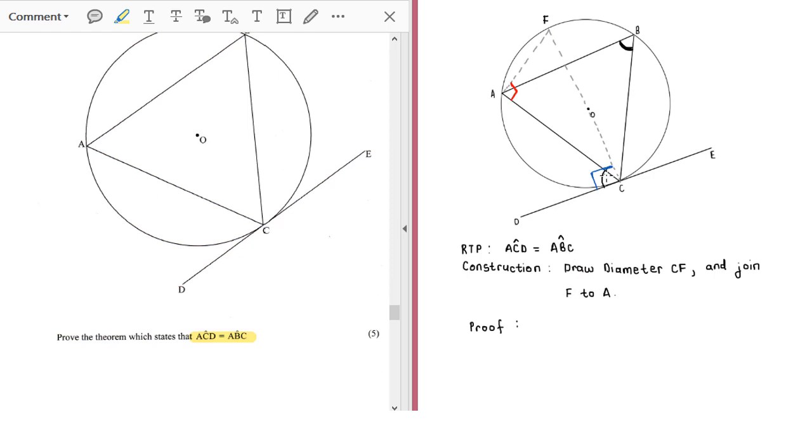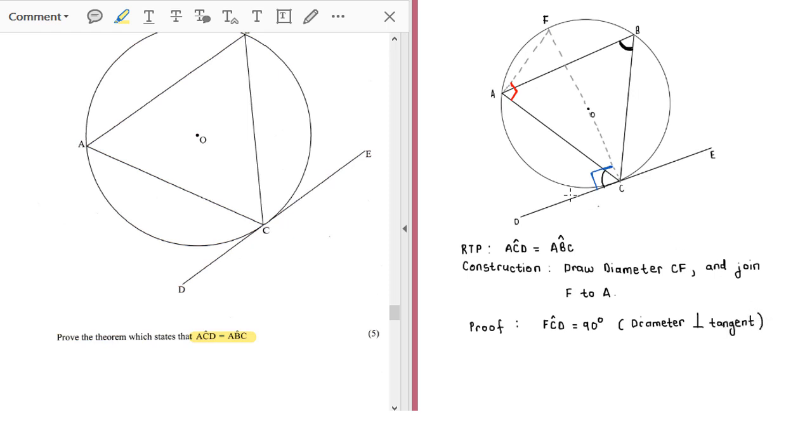We're going to first state the fact that angle FCD, that full angle FCD, is equal to 90 degrees, and that's because the diameter or the radius of a circle is always perpendicular to the tangent.